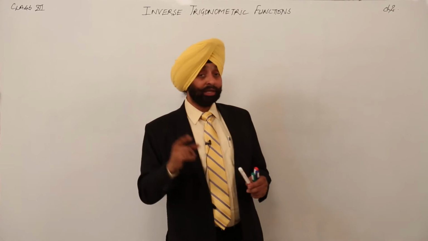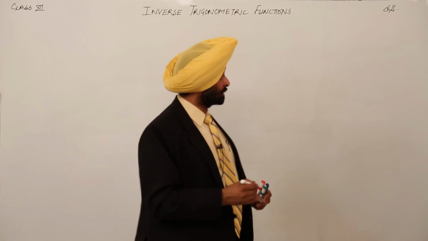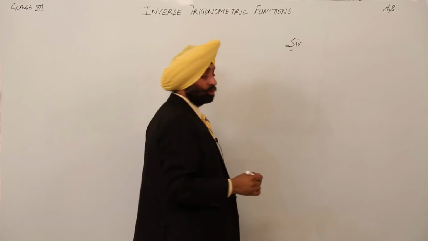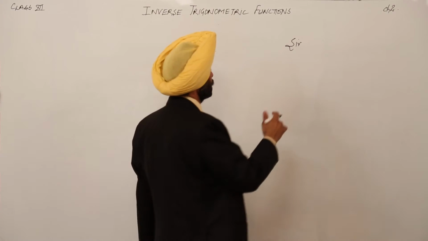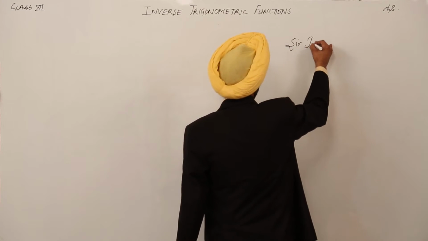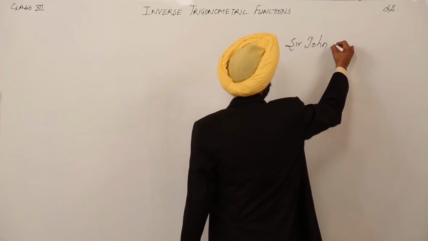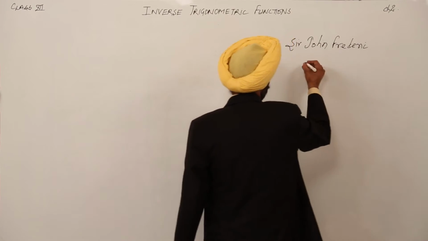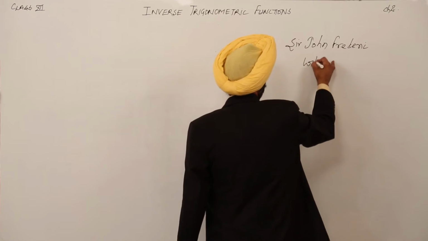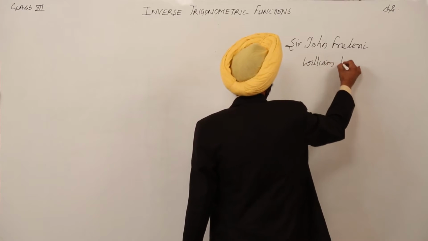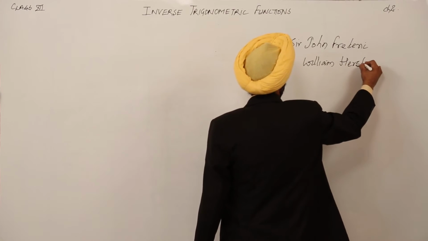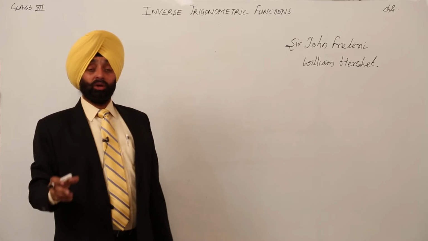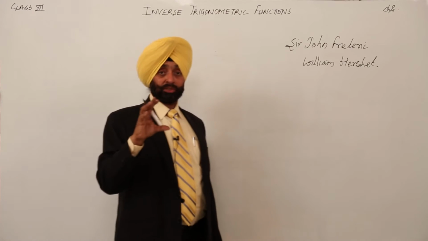Now, an English mathematician, Sir John Herschel. I am going to write his full name: Sir John Frederick William Herschel, who gave some restrictions.